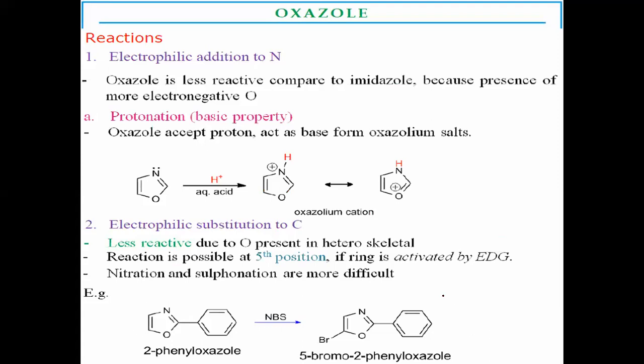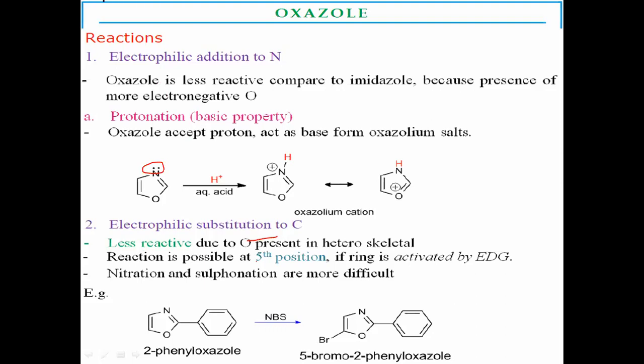Firstly, electrophilic addition to the nitrogen. Nitrogen has a pyridine-like structure, and due to the unshared electron pair on the nitrogen, it might be involved in electrophilic addition, because this nitrogen has electron density, so there is a possibility of addition of electrophiles on the nitrogen atom.